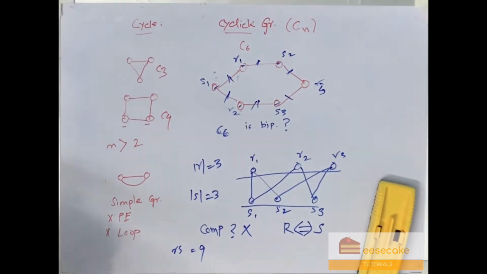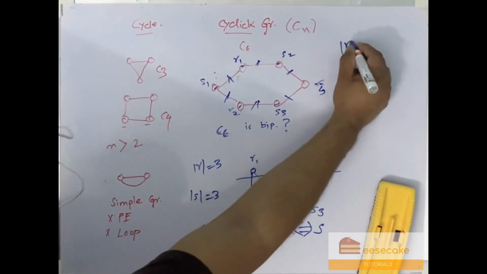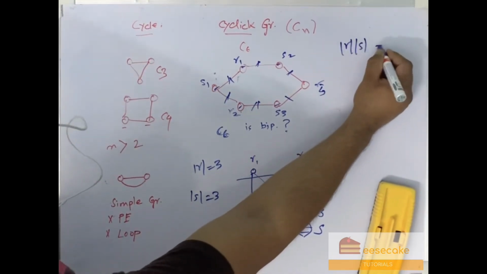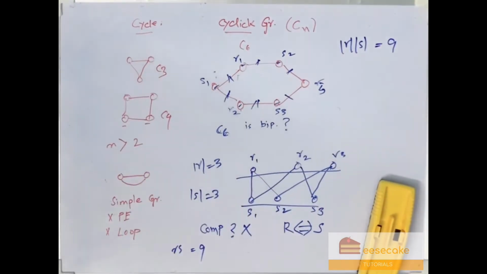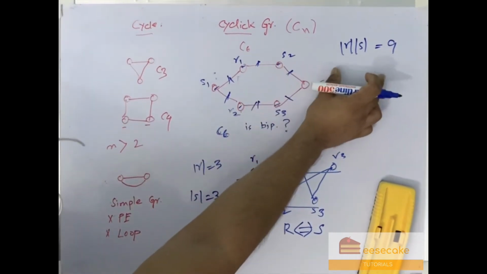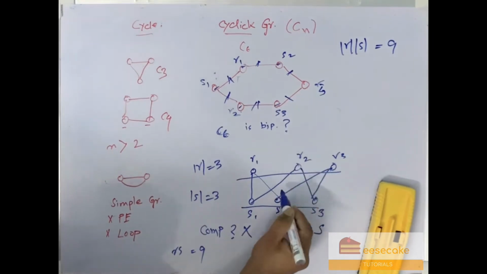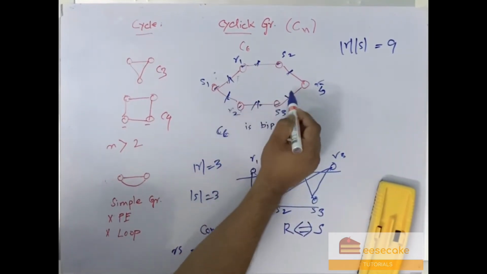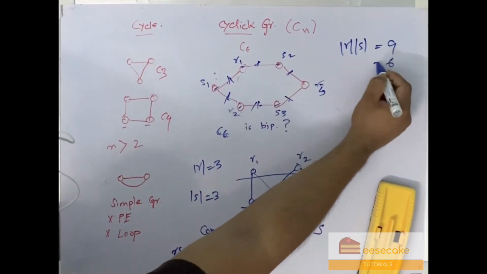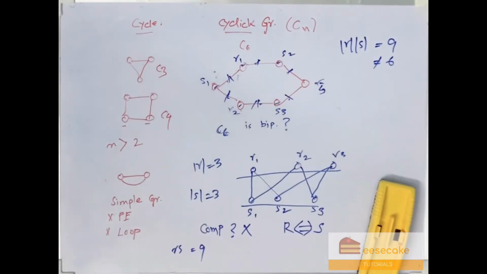To be a complete graph, there has to be this number of edges, so this number is 9 over here. That means these are all the possible edges, right? Now here there are 6 edges, 1, 2, 3, 4, 5, 6, which is not equal, so that means it is not a complete bipartite graph.